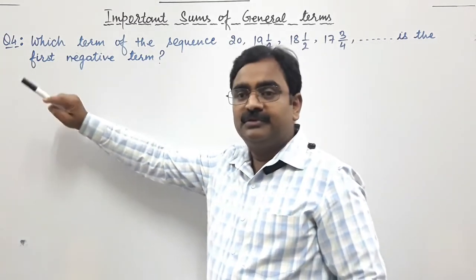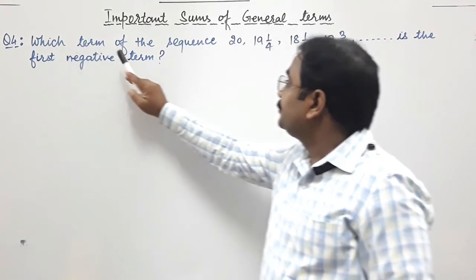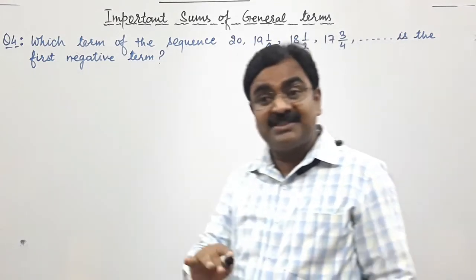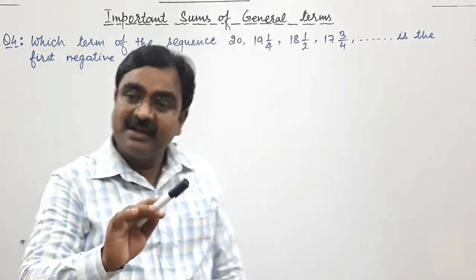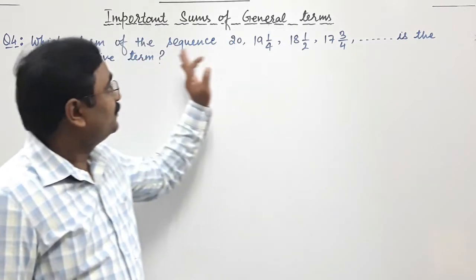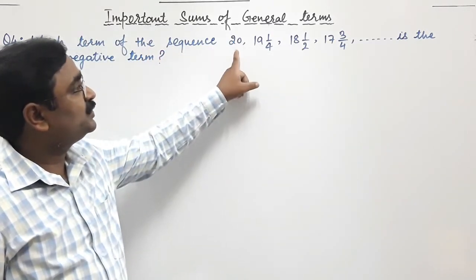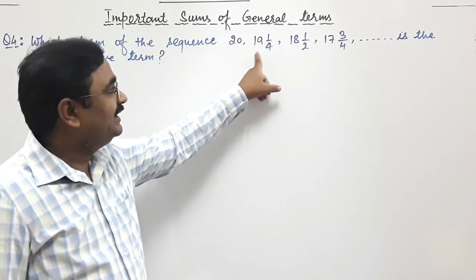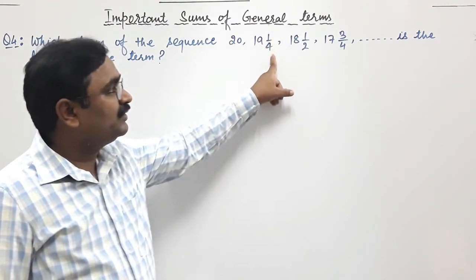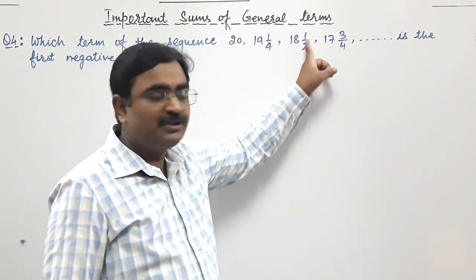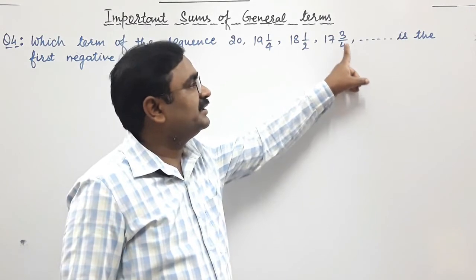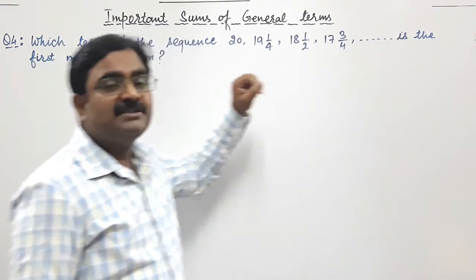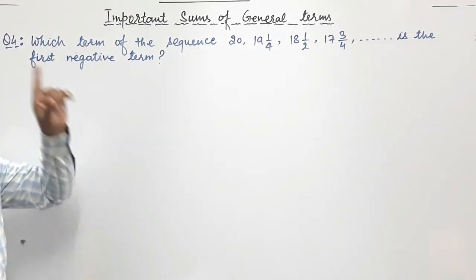Okay friends, let us see the next question. Question number 4: which term of the sequence, meaning arithmetic progression, meaning arithmetic sequence, it is given, which term of the sequence 20, 19 integer 1 upon 4, 18 integer 1 upon 2, 17 integer 3 upon 4, etc. is the first negative term.